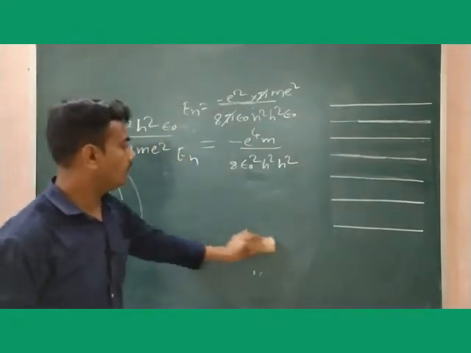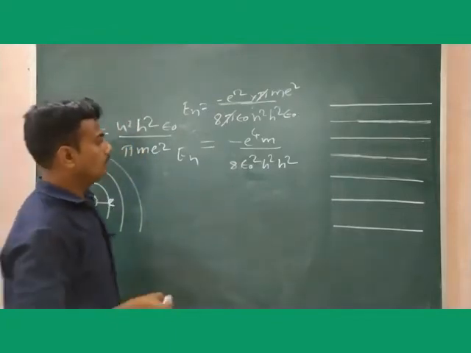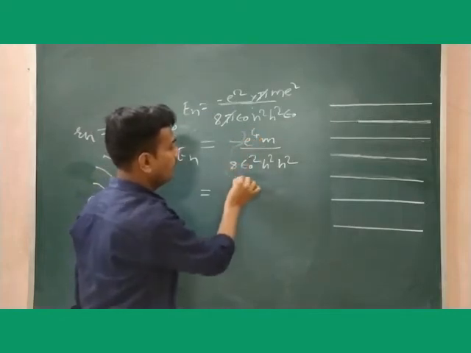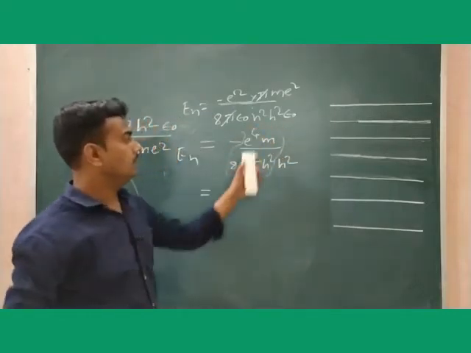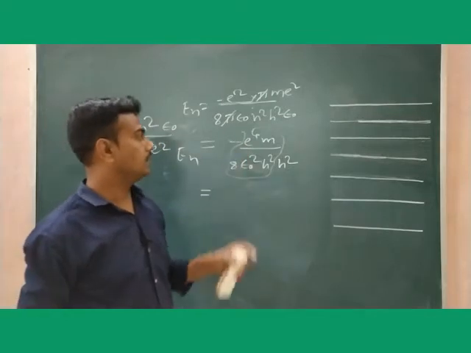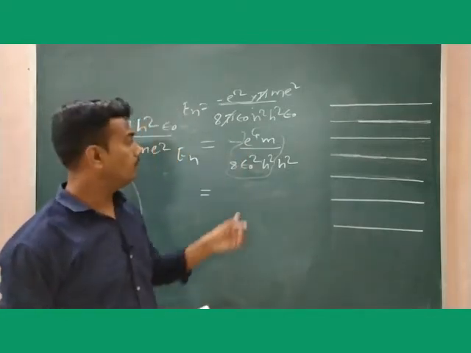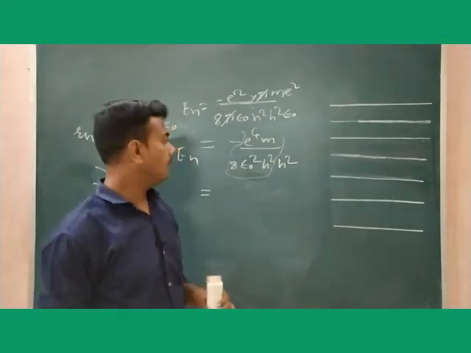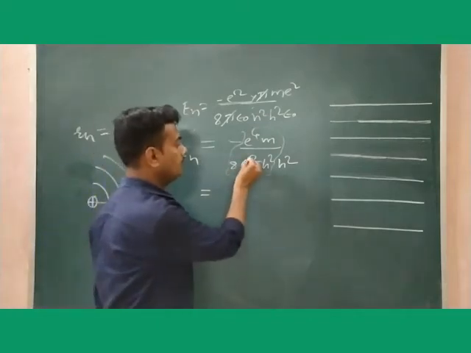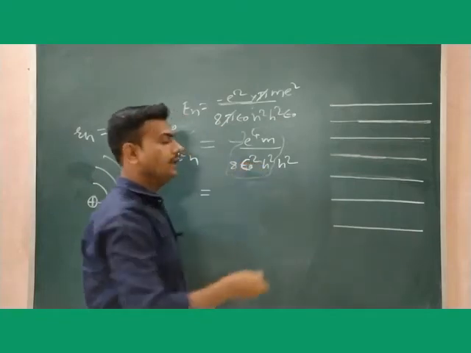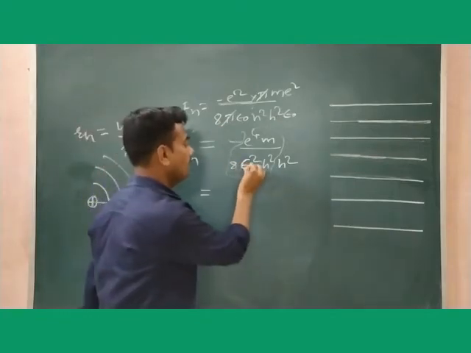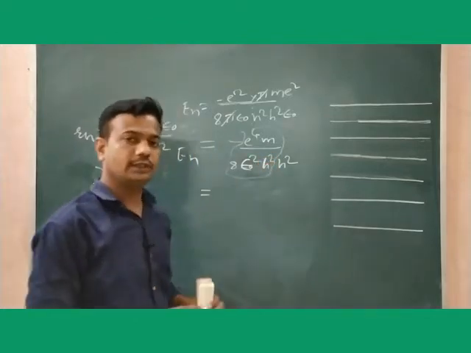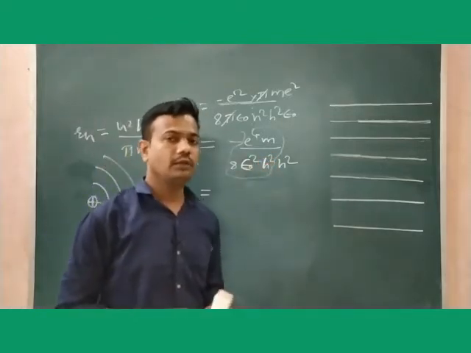Now, by substituting the values: e is the charge on the electron, 1.6 into 10 to the power minus 19 coulomb, and the mass of the electron is 9.1 into 10 to the power minus 31 kilogram. Epsilon 0 is also a constant with value 8.85 into 10 to the power minus 12, and h is Planck's constant, 6.626 into 10 to the power minus 34 joule second.